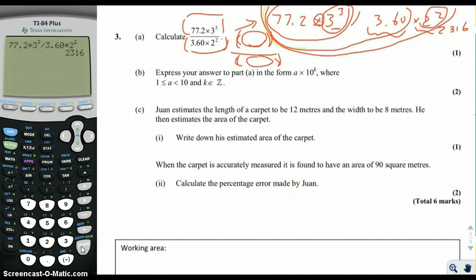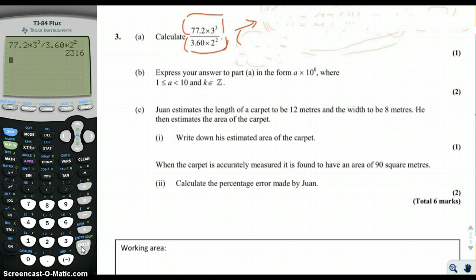So you can see we got 2316. Now let's see what the right answer is. The way we're going to put it in now is with parentheses, along with dividing. So we can just insert some things here.